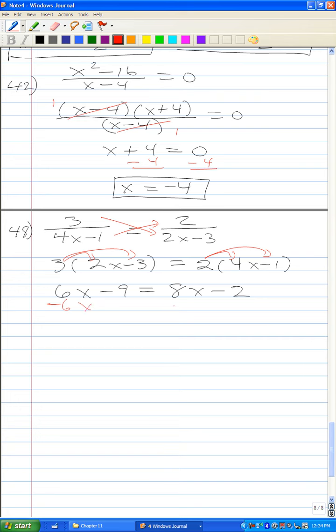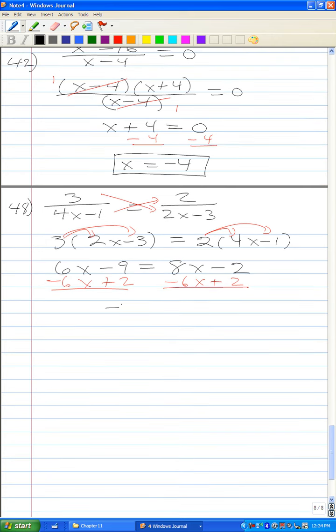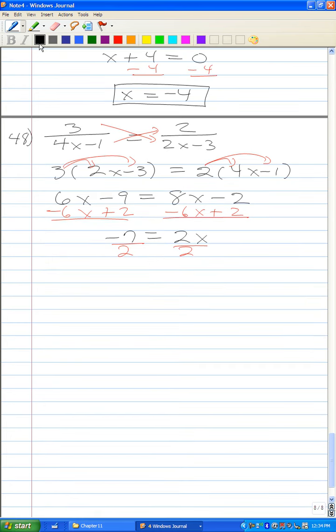Subtract 6x, add 2 to both sides of my equation. And so 2x is equal to negative 7, divide by 2. So x is equal to negative 7 over 2.